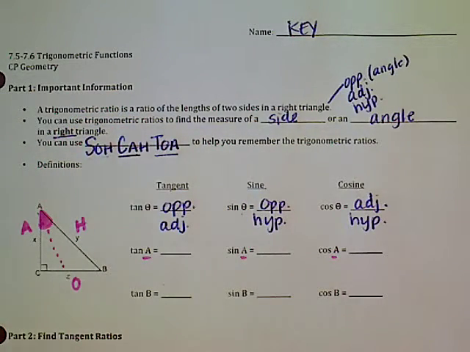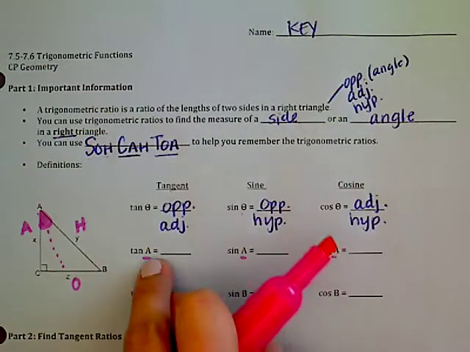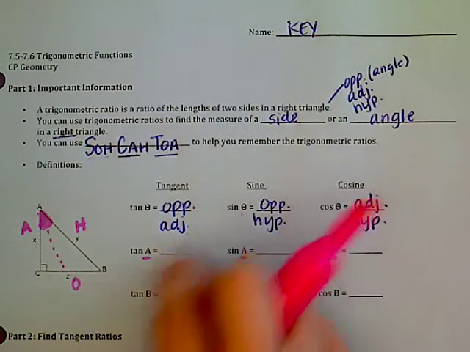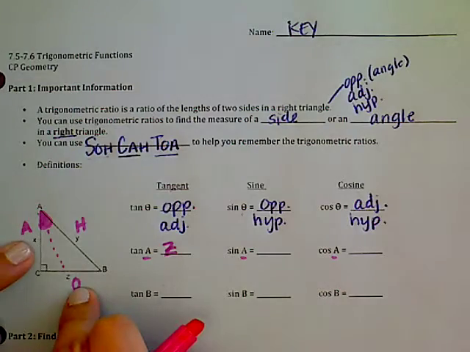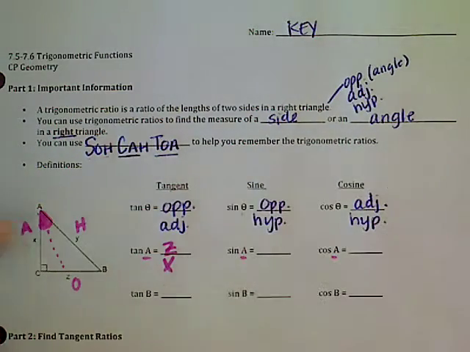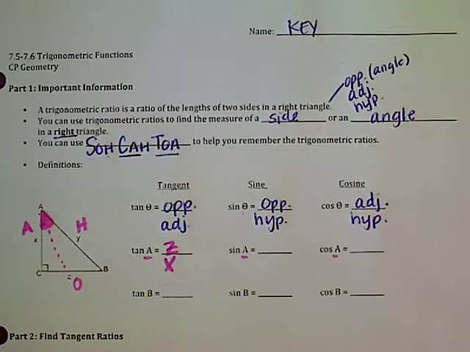So when we fill in our ratios, we just have to identify what's opposite, what's adjacent, what's hypotenuse. So we said the tangent is opposite over adjacent, or Z over X. Again, Z is our opposite side from angle A, X is our adjacent side.